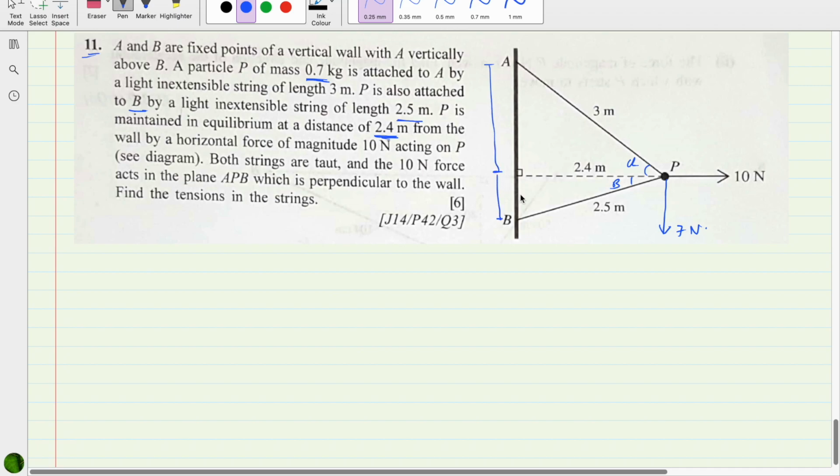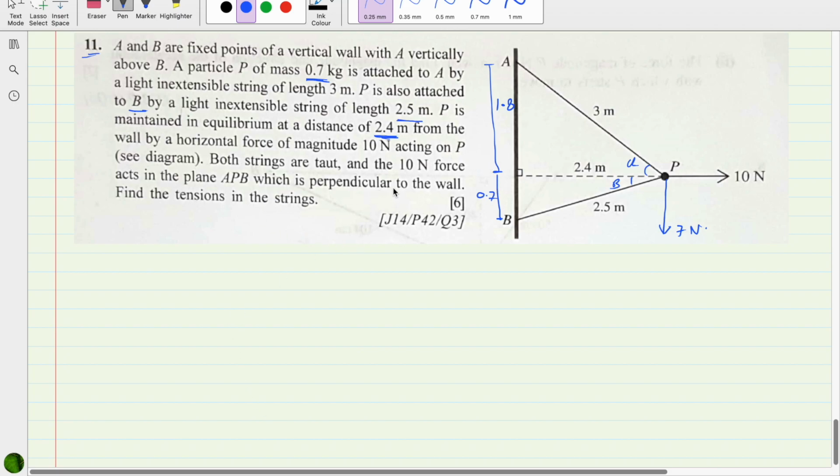I'm applying Pythagoras theorem to find these lengths in case I need it. So 3 squared minus 2.4 squared, square root, answer I'm getting is 1.8. Now the other one, 2.5 squared minus 2.4 squared, square root, answer is 0.7. So we have all the lengths, that means we have sine, cos, tan.